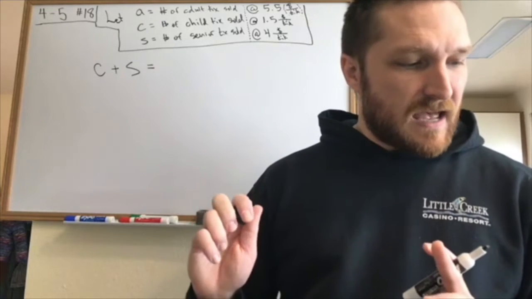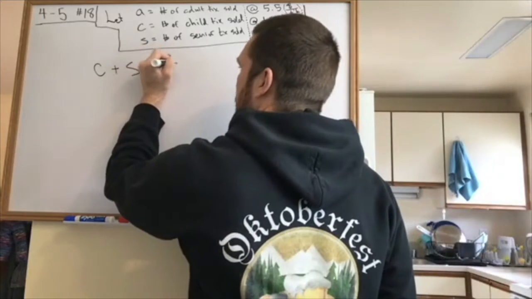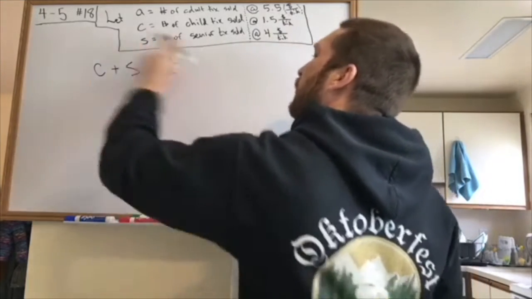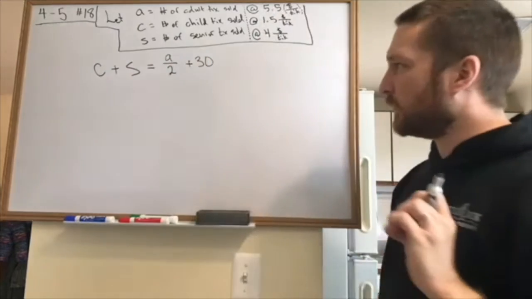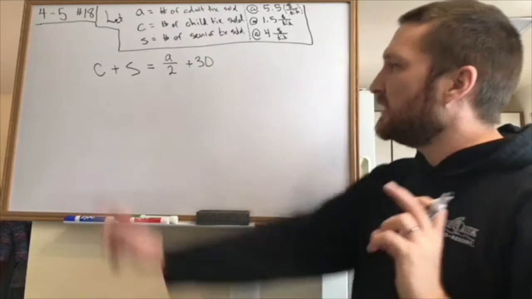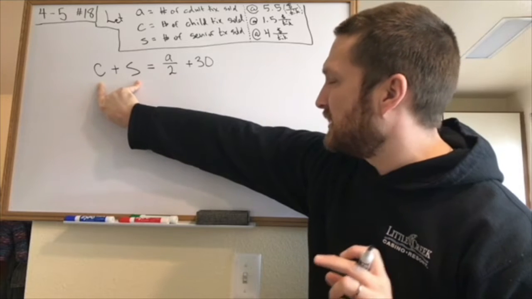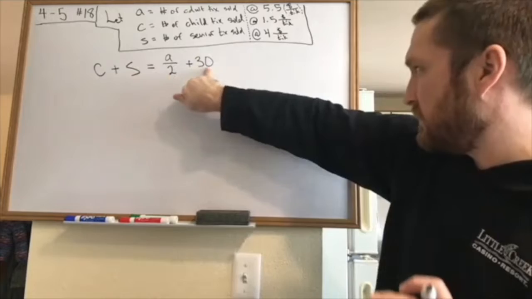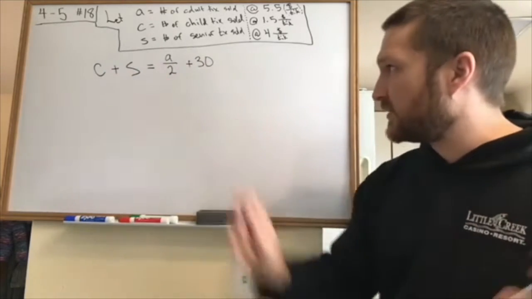So you said, okay, half the adults tickets, so that would be A over 2. That is equal to, but it's actually 30 more than that, so we go plus 30 right there. Yep, that looks good, because that says the number of children and senior tickets is 30 more than half the number of adults tickets. Okay, I think I've translated that right.